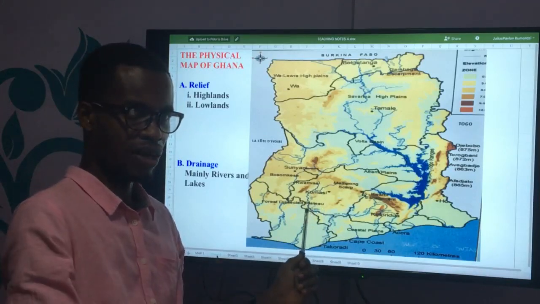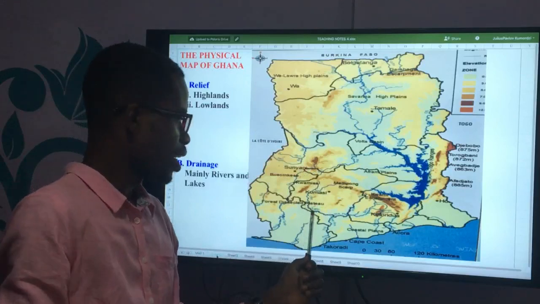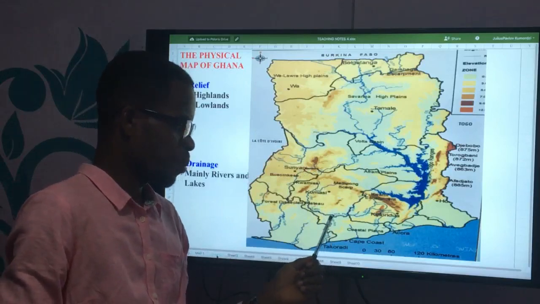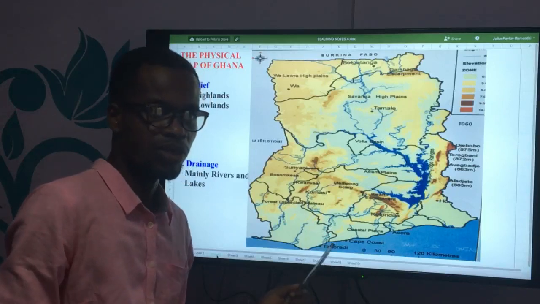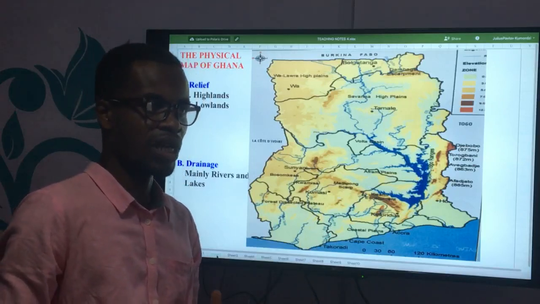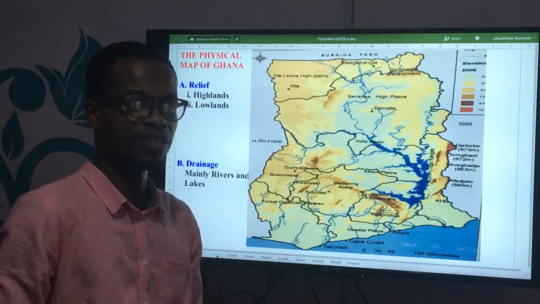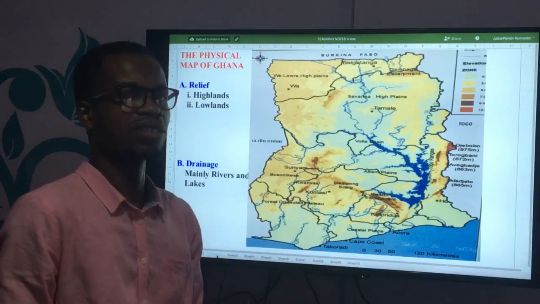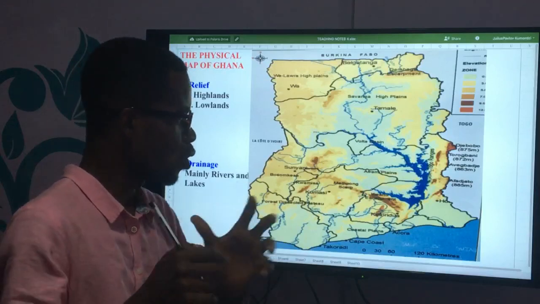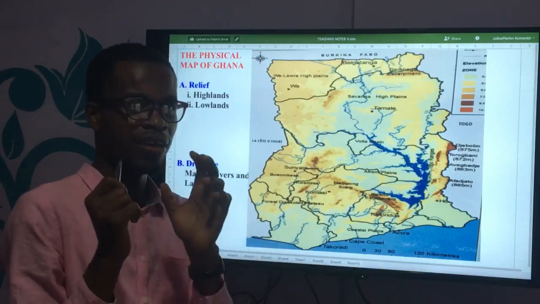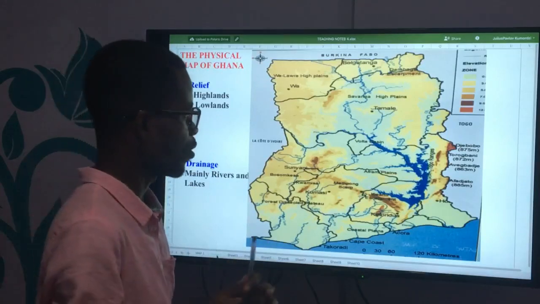Dunkwa is a town on the Ofin River, and then it enters River Pra, and then River Pra flows into the sea. So if you are being asked to mention some rivers of Ghana that directly enter the sea, you should be able to do that. We'll go and look at the river song, and then you get it from there.